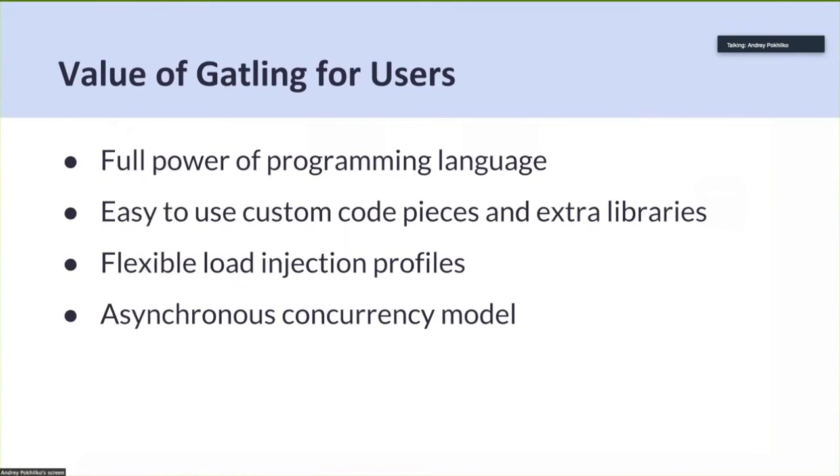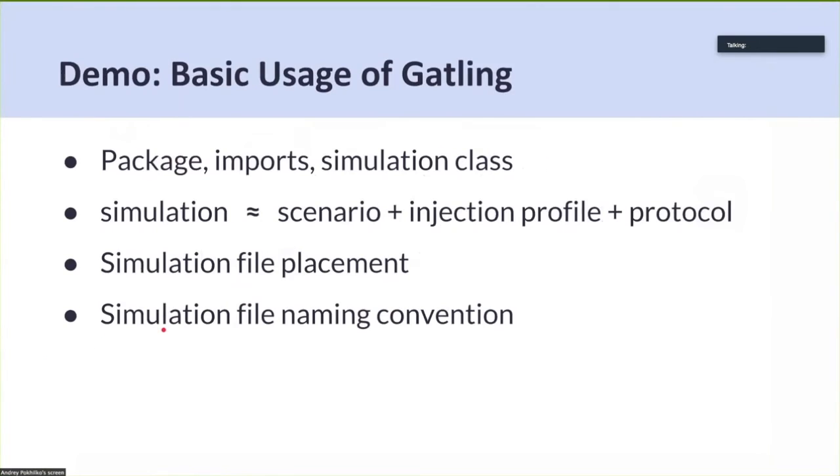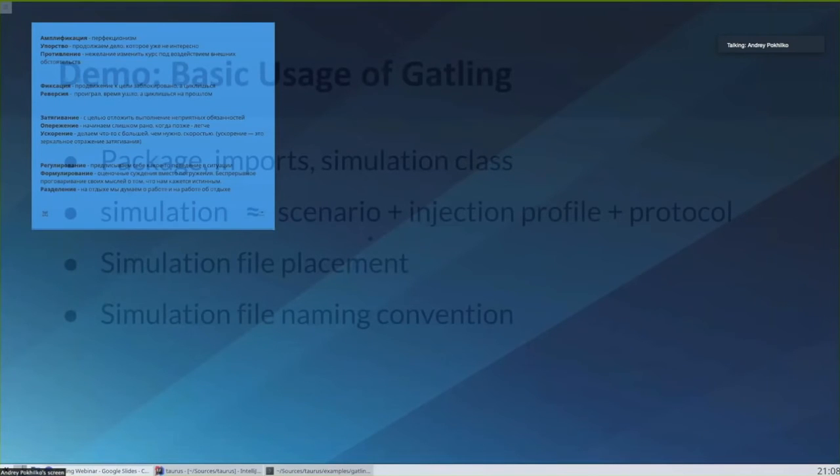I can't say that this is the critical and crucial difference, but some people really want to have this, because some people want to generate many virtual users from a single machine, and asynchronous concurrency helps with that.